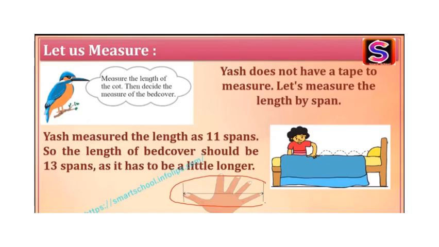So the length of the bed cover should be 13 spans, as it has to be a little longer. He measured by using spans because Yash does not have a tape.